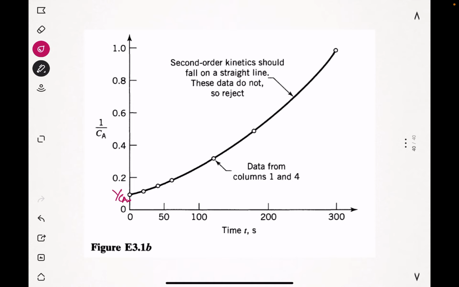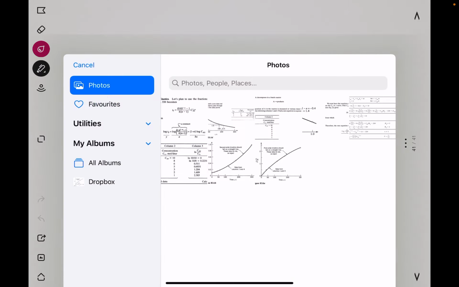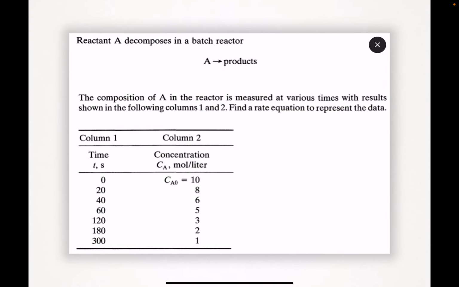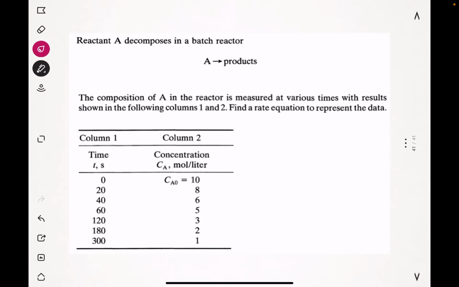So what do we do then? Now let's look into this experimental data again. I mean the statement. So we have seen the fractional life method in the last class. Maybe we can use that one.